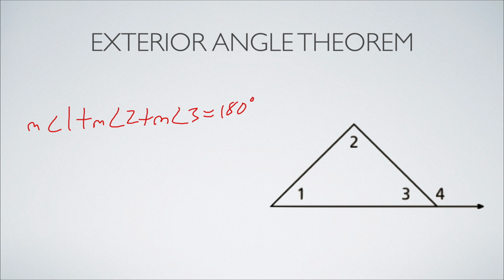But here's the thing. We also know that the measure of angle 4 plus the measure of angle 3 equals 180, and that is because these are a linear pair. So now that we've established both of those, I can substitute, because these two have to be equal to each other in this case.